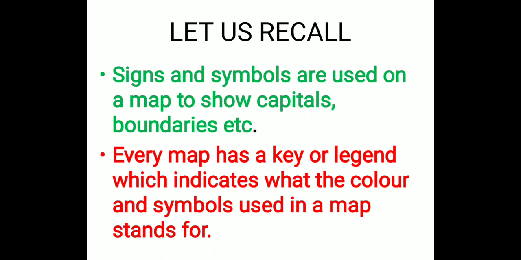Suppose we take blue color to show water bodies on the map, or we want to show the plain area, so we will use the green color to show which part of the country has plain area. So these types of keys are there on the map, which tell what colors or symbols are used to represent what on the map. Understood?